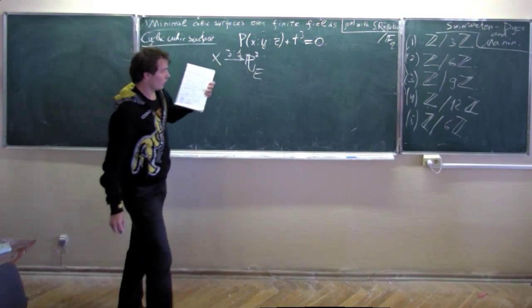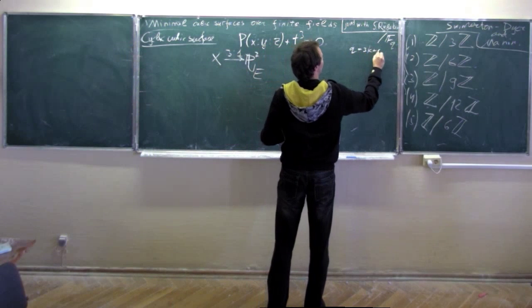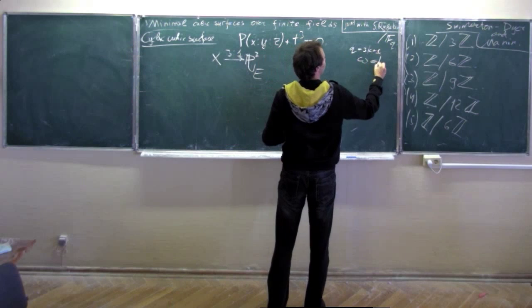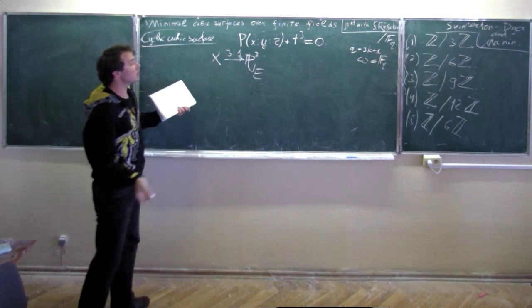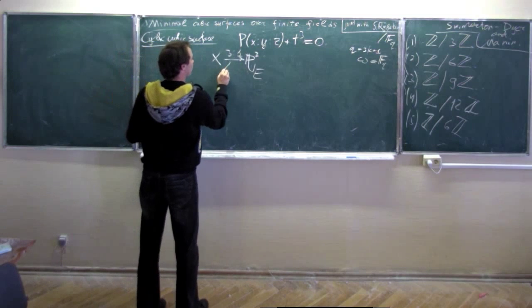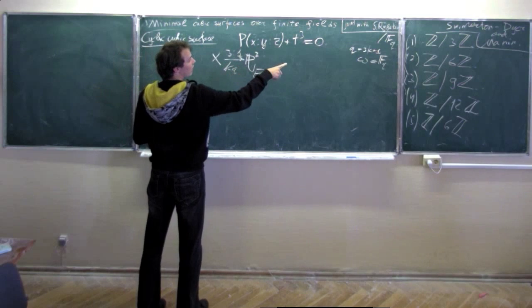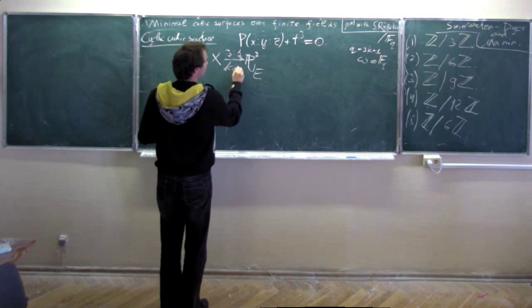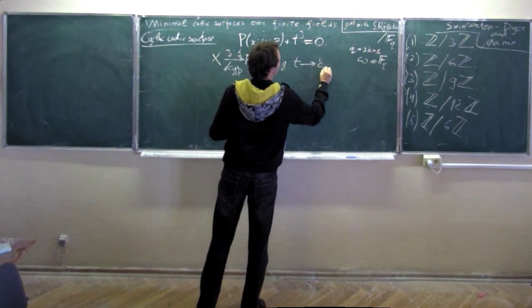Also, if we have q equal to 3k plus 1 and omega therefore in Fq, we can consider this projection as a quotient by the group generated by the element g, which sends t to omega t.